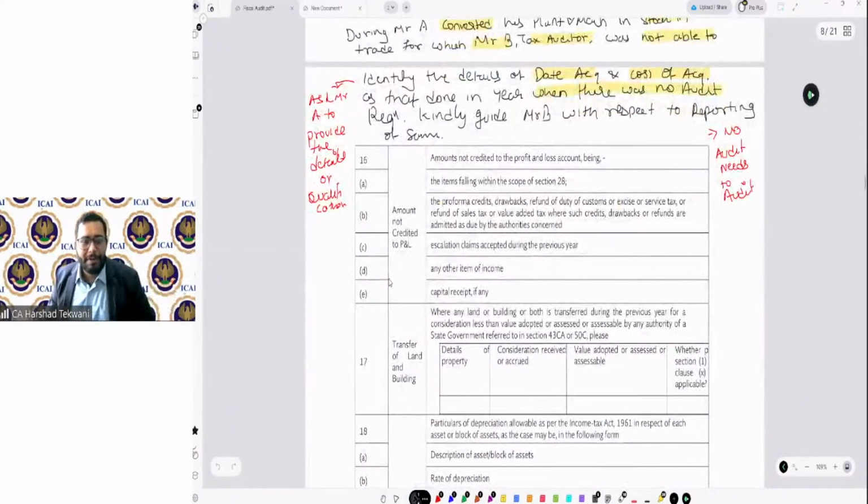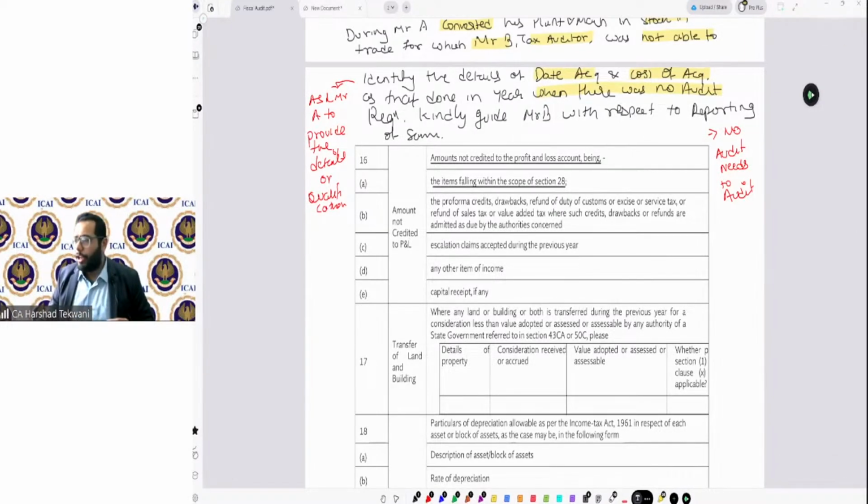Now, clause number 16. Clause number 16 talks about amount not credited to profit and loss account, being item falling within the scope of section 28. What is section 28, guys? Quickly, what is section 28? I'll not proceed further till the time you provide me.